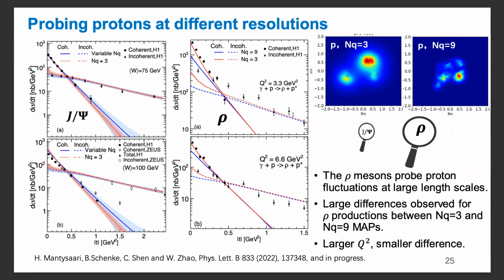I increase the Q squared and these two lines, the red and the blue, get closer. Yeah, since the probe at higher Q squared is smaller compared to the smaller Q squared, it will return back to GPSA. Let me remind you, these two lines give the same result of GPSA productions, but they give a difference of rho productions.